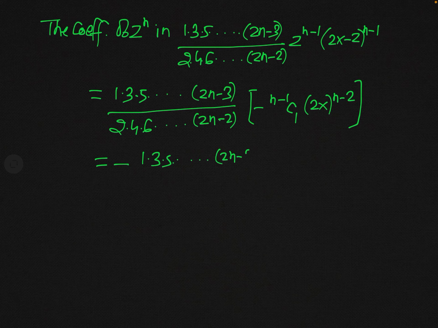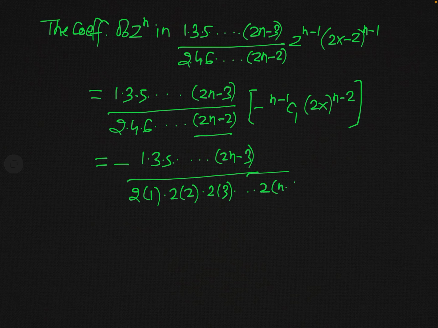So this is minus 1 into 3 into 5 into so on into 2n minus 3, and in this denominator you can see we can write this 2 as 2 into 1, 4 as 2 into 2, and 6 as 2 into 3, and so on. And this 2n minus 2 can be written as 2 into n minus 1.